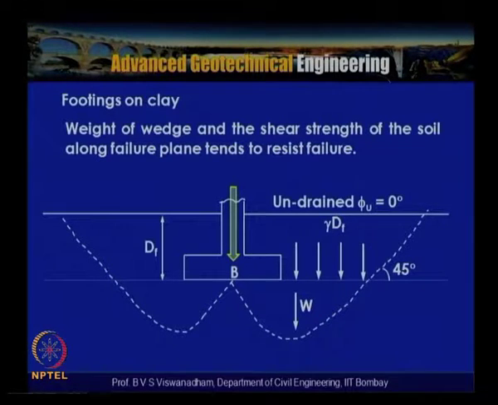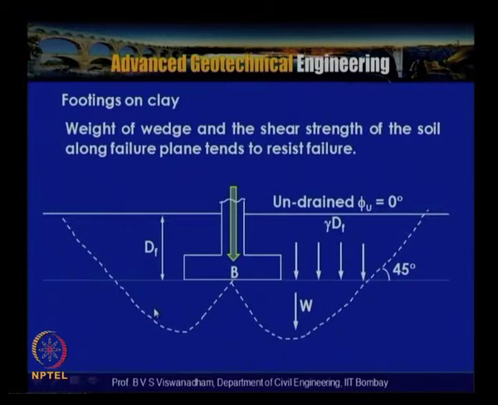Let us see the case of clay, undrained condition where phi u is equal to 0, and we have only the resistance from Cu, that is the shear strength of the soil, and the weight of the wedge and shear strength of soil along the failure plane tend to resist failure. So you can see that the failure planes are distinctly different in case of a clay.